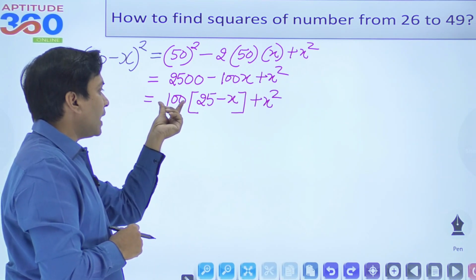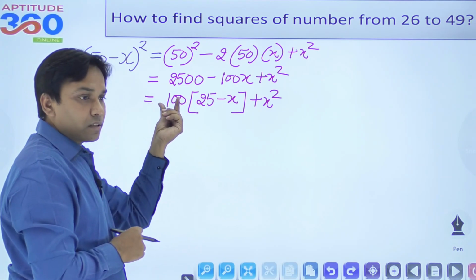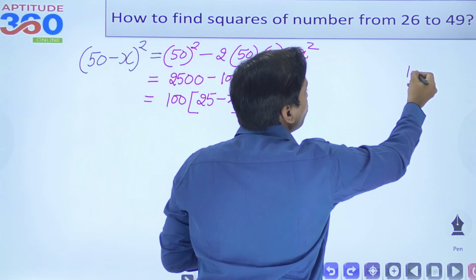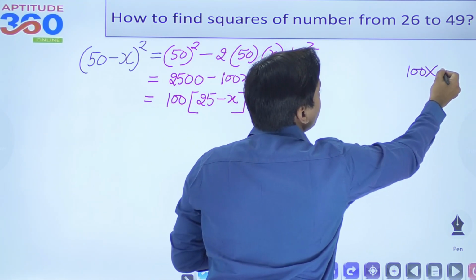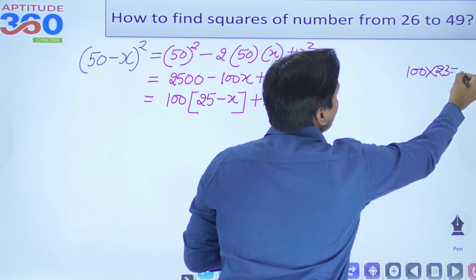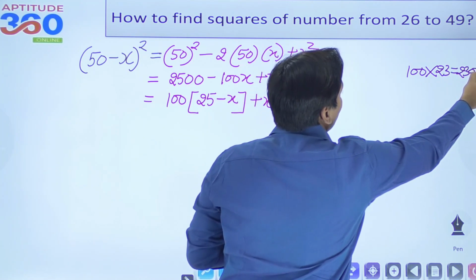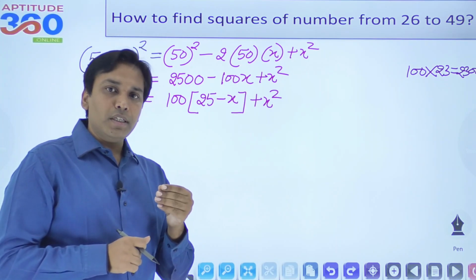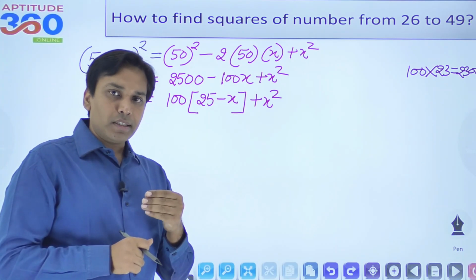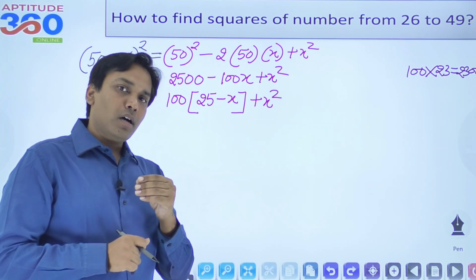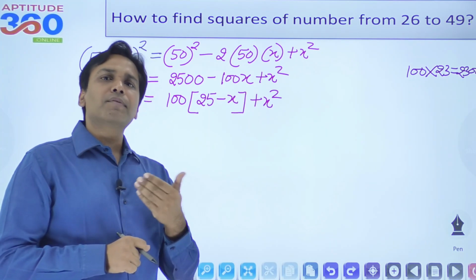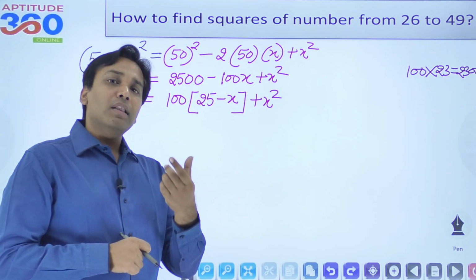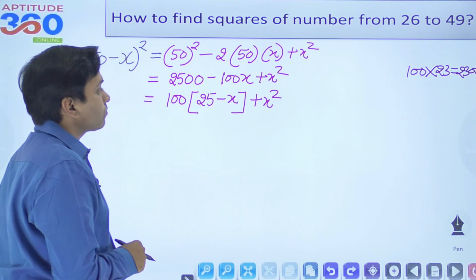If you multiply any number with 100, the last two digits of that number for sure will be 00, something like 2300. When I multiplied 23 with 100, what did I get? 2300. Last two digits for sure are 00. Similarly, 58 into 100, or any number for that matter into 100, last two digits will be 00.